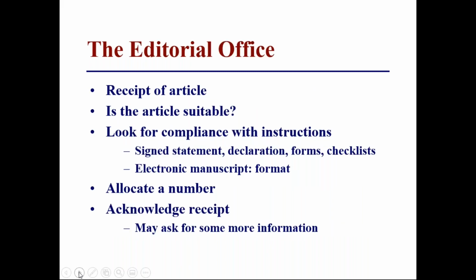When the editorial office receives the article, today they would receive it almost instantaneously because it's on the journal submission sites. And they would then assess the article within the next 24-48 hours. Most of them would look at the article and see whether it is suitable for the particular journal. If it is not, then they would probably return it to you immediately.